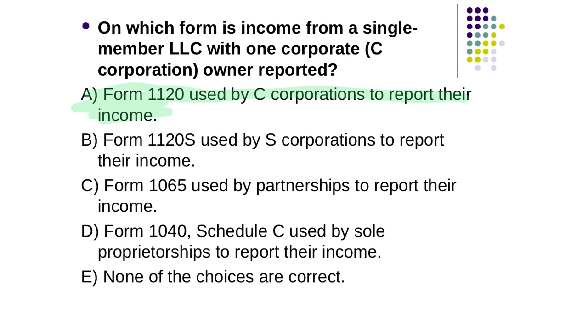And the reason why is because within this single member LLC, we have one corporate C corporation owner. So the C corporation owner. And C corporations are normally reported on the form 1120.